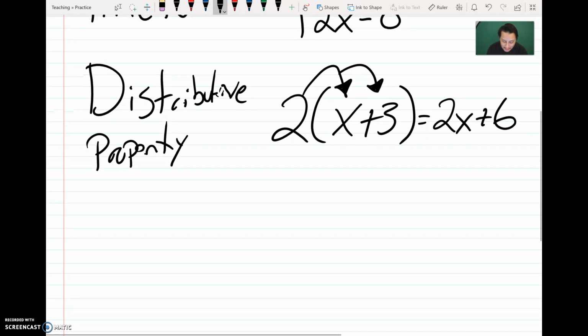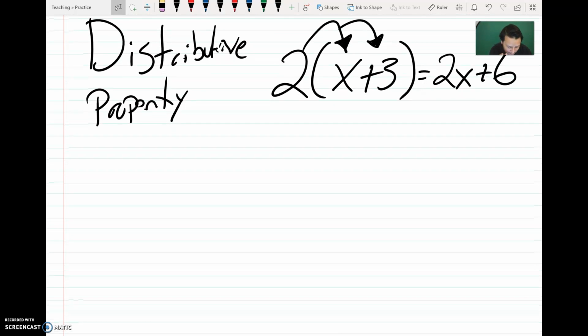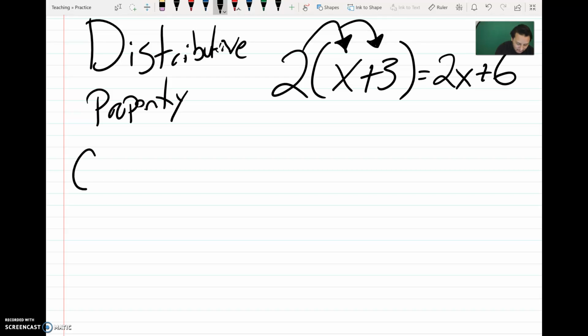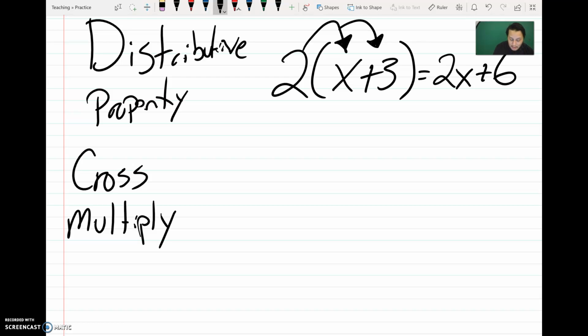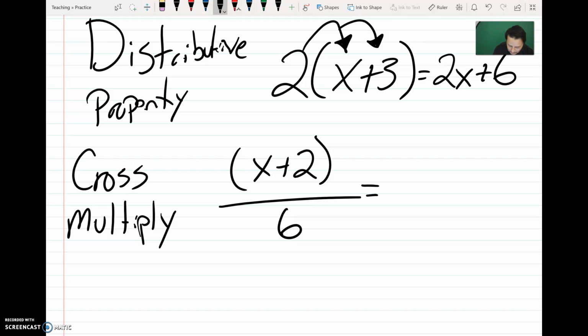Let's look at our next thing that we learned the past 2 weeks. We have cross multiply. All right? We use cross multiplication when we have problems dealing with proportions, right? And remember, a proportion is just 2 fractions set equal to each other. All we do, guys, is cross multiply.